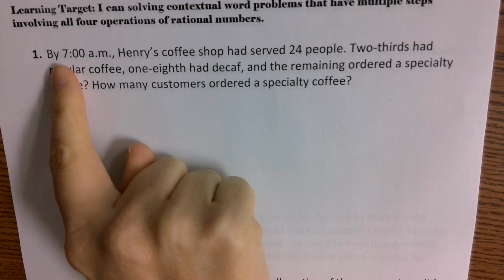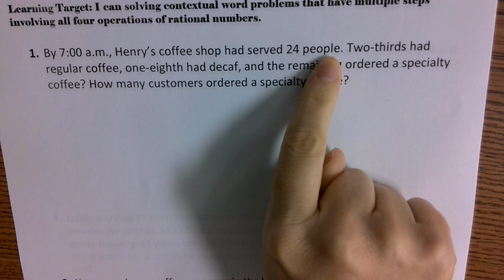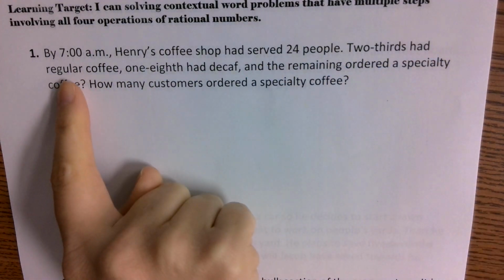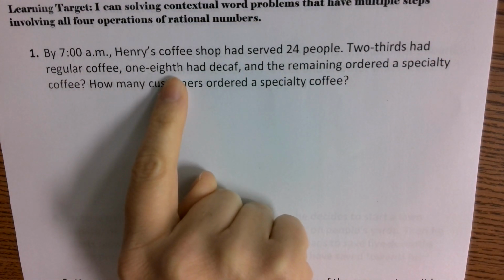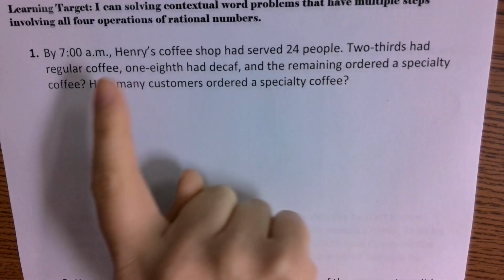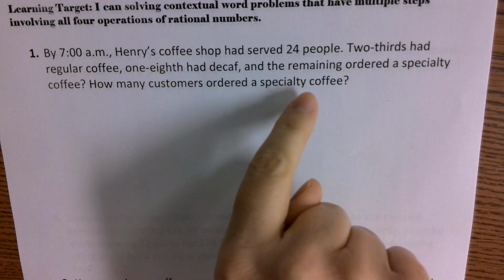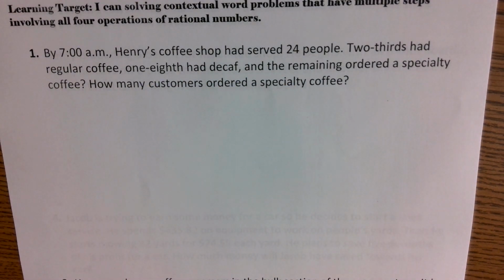So for problem 1, it says by 7 a.m., Henry's coffee shop had served 24 people. 2/3 had regular coffee, 1/8 had decaf, and the remaining ordered a specialty coffee. I want to know how many customers ordered a specialty coffee.